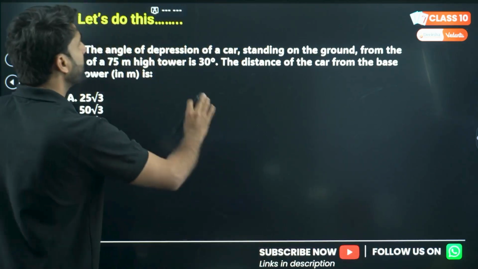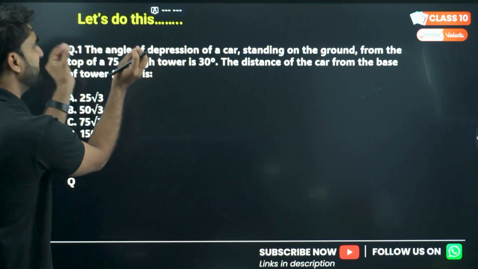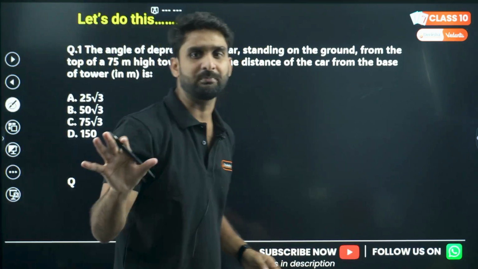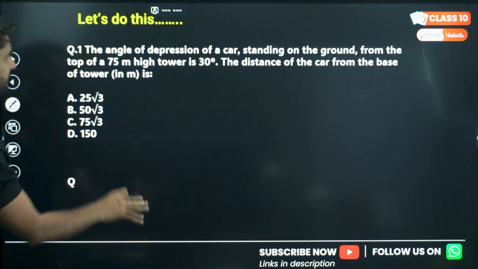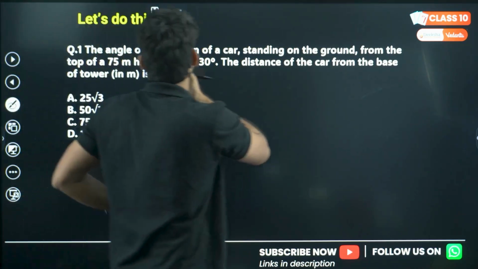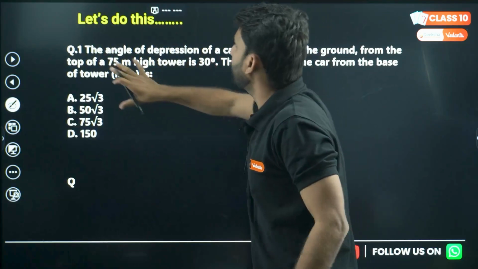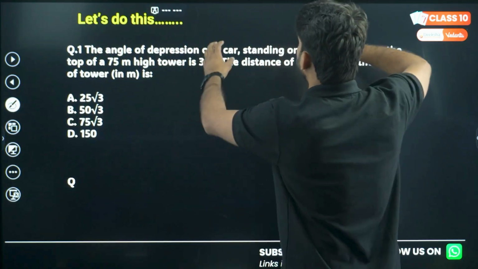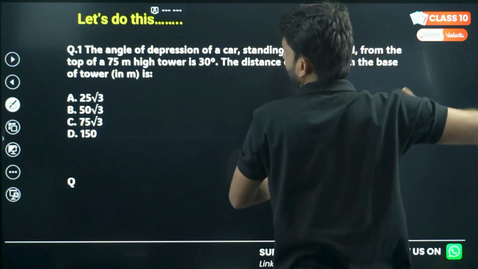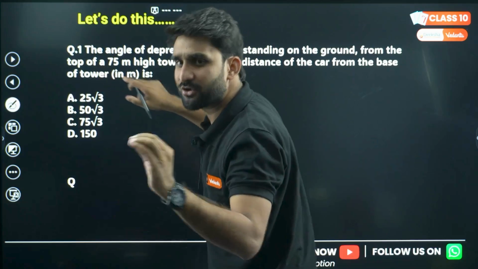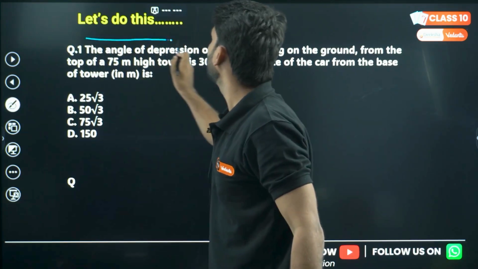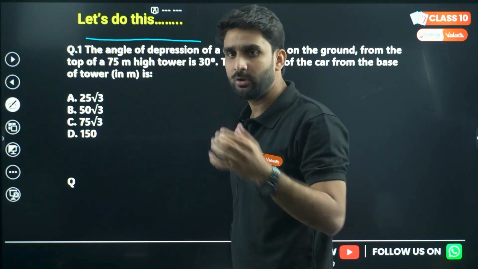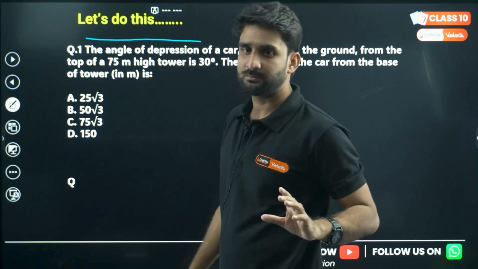Okay, so this is an example. I'm giving this question for your practice. So look at the question. We'll be solving it together. I'm not reading the next part yet, just this sentence, and now I understand there is an angle of depression.